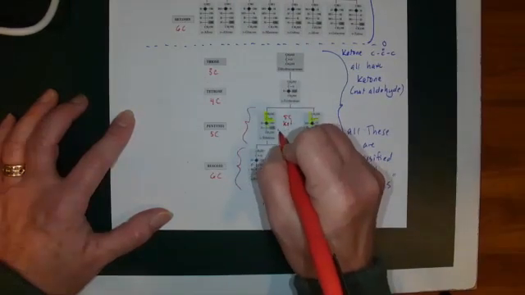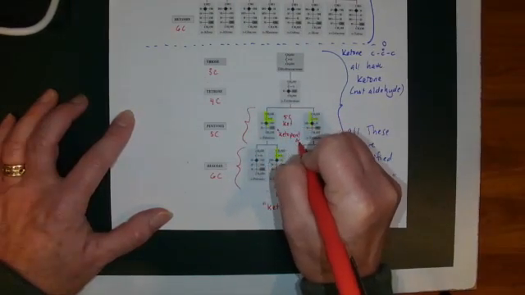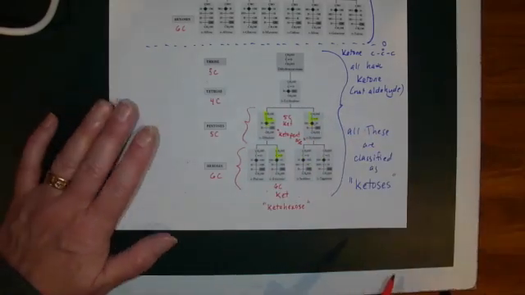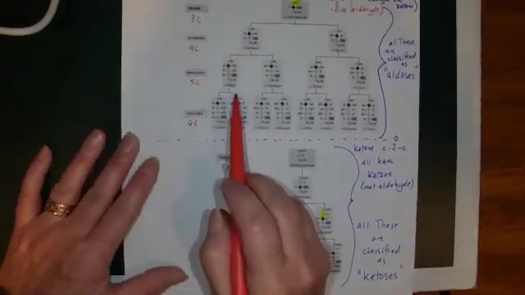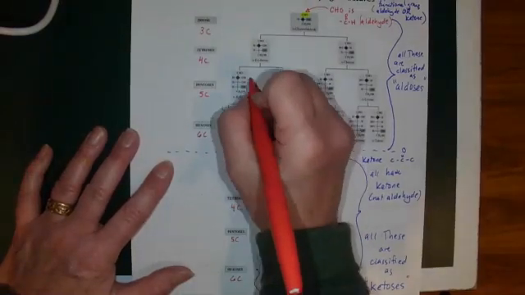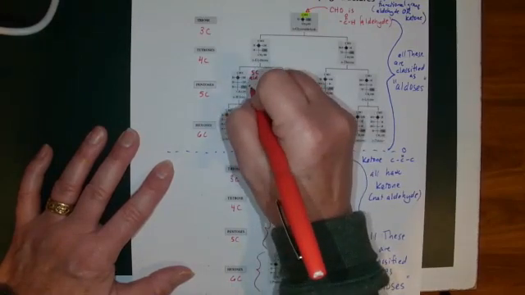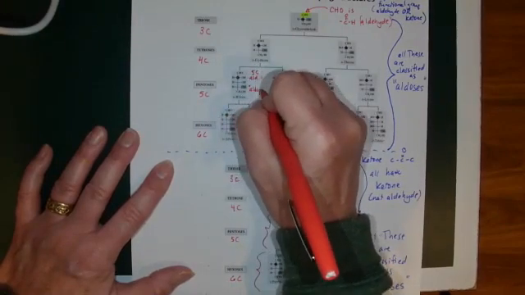So those would be called ketopentose. How about ribose? How would you classify ribose? I would say that it has 5 carbons, aldehyde, so it would be an aldopentose.